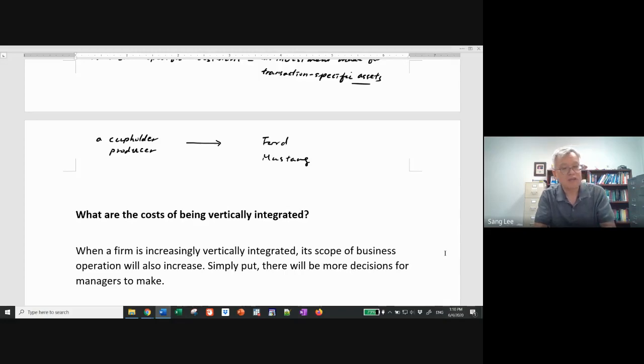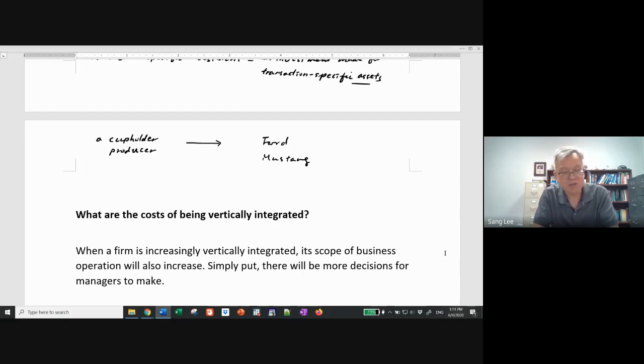Of course, you may say there could be a more complete contract. Well, a contract can mitigate a problem like this. But when you draft a contract, can you really envision all potential holdup problems in advance? That's almost impossible.